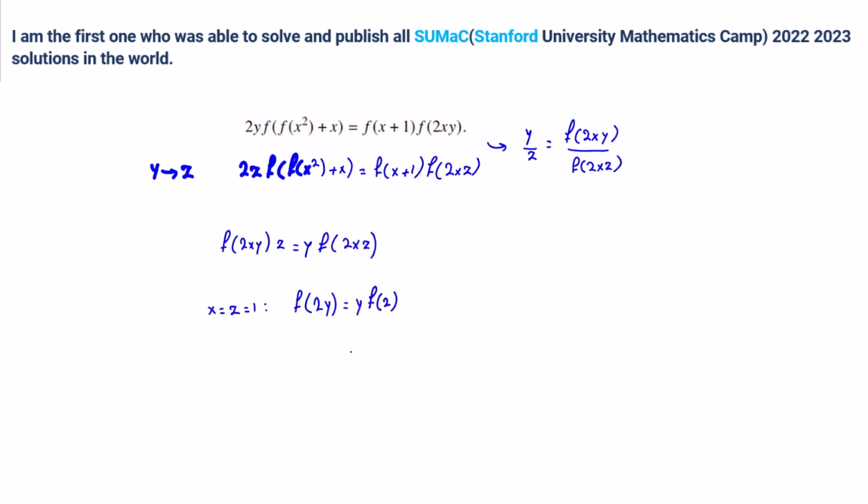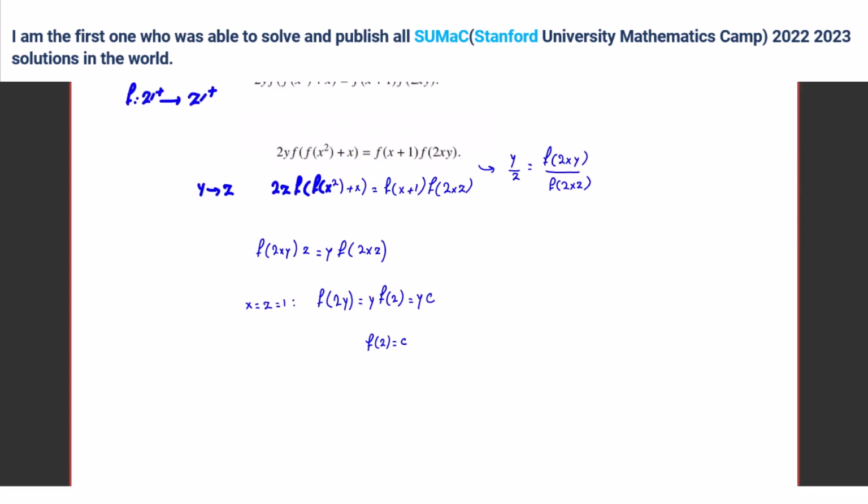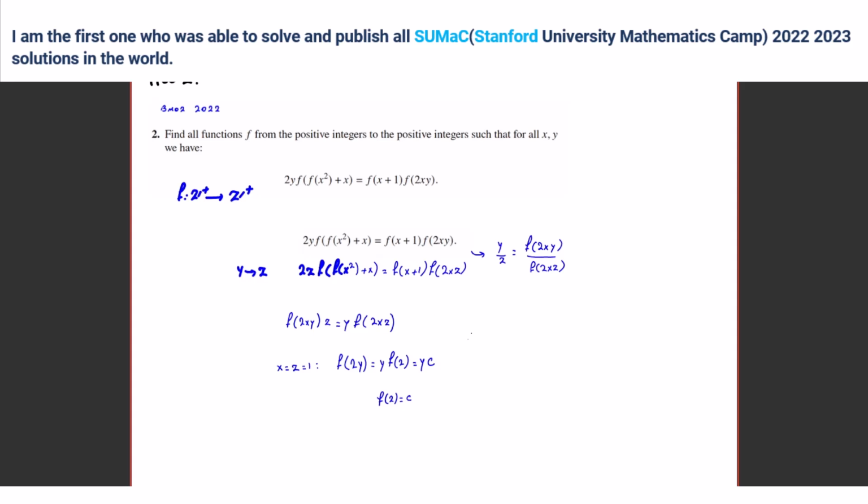Yes, we can consider f of 2 as a constant. So we proved that f of even numbers is equal to yc. So first result was this, second result was this. So we found f of even numbers.